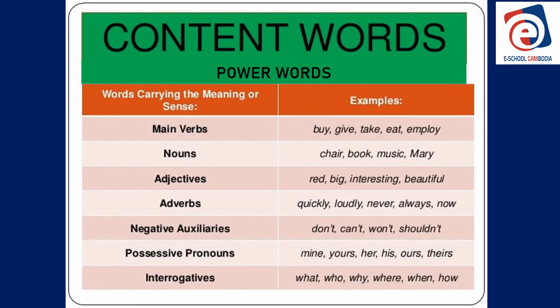We stress negative auxiliaries: don't, can't, won't, shouldn't. Be sure and pronounce these correctly with the T. And possessive nouns and interrogatives: what, who, why, where, when, how. And so these are the power words. These are usually the most important words in the sentence.